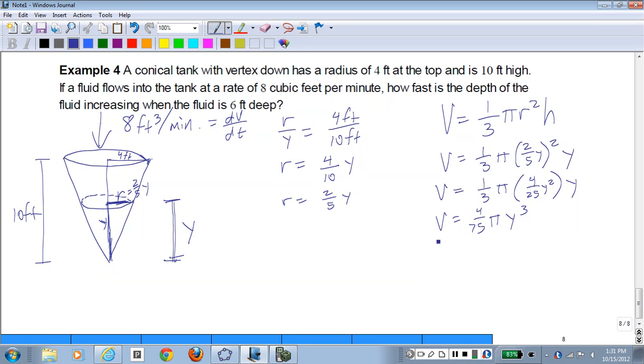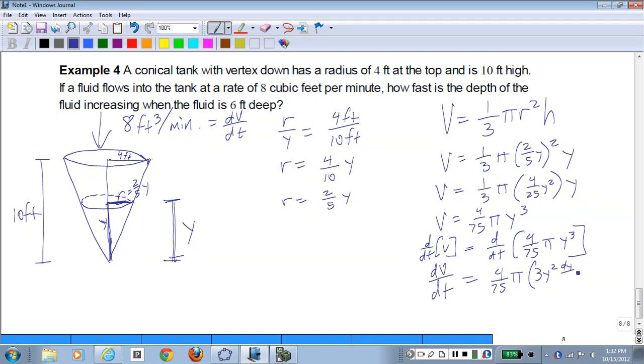dV/dt then, or let's say d/dt of V equals d/dt of 4/75 pi y cubed. So dV/dt equals 4/75 pi is a constant, so we can take that out there, 4/75 pi, and then multiply that by 3y squared dy/dt.